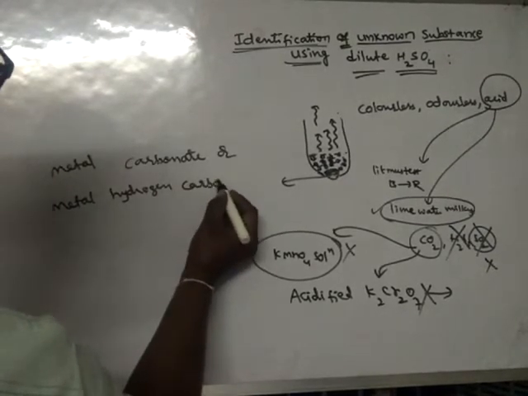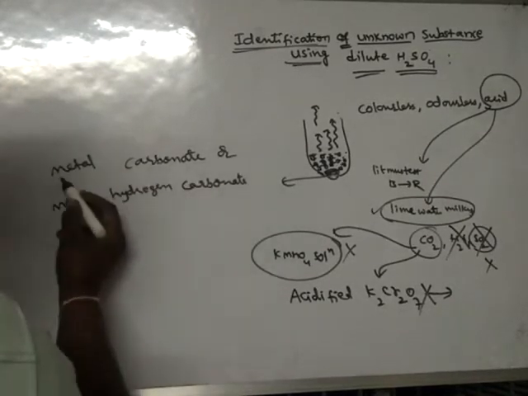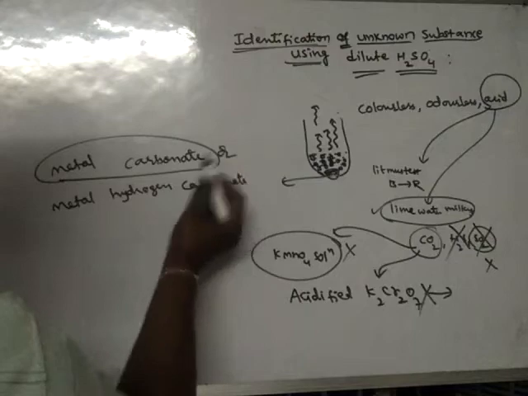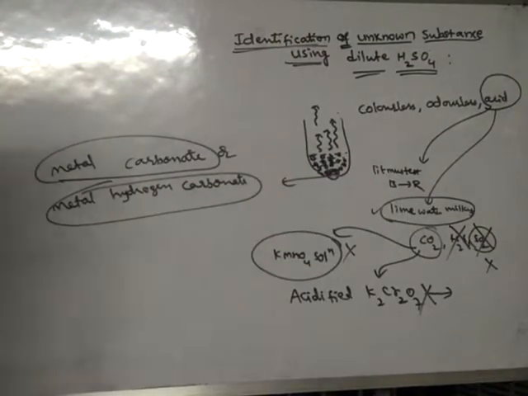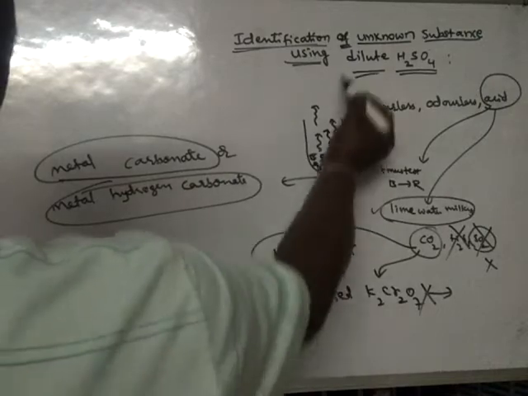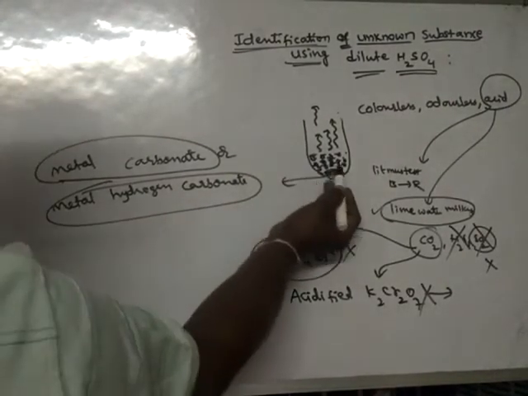Only metal carbonate or metal hydrogen carbonate can produce carbon dioxide gas when made to react with dilute sulfuric acid, by producing brisk effervescence.